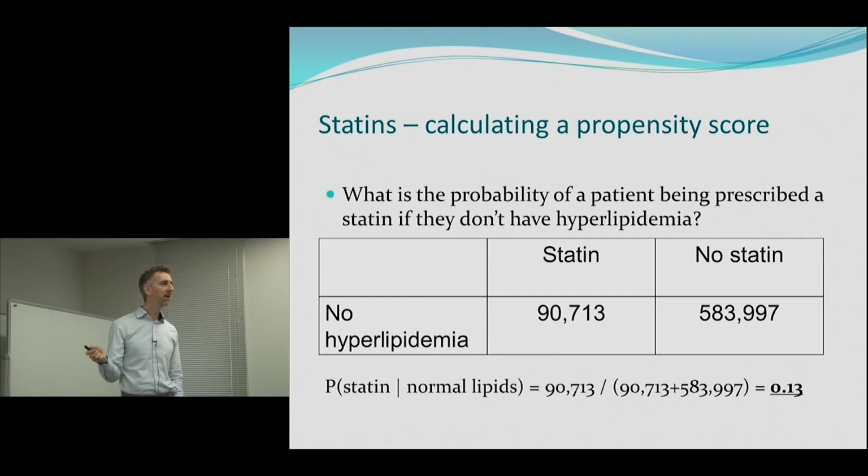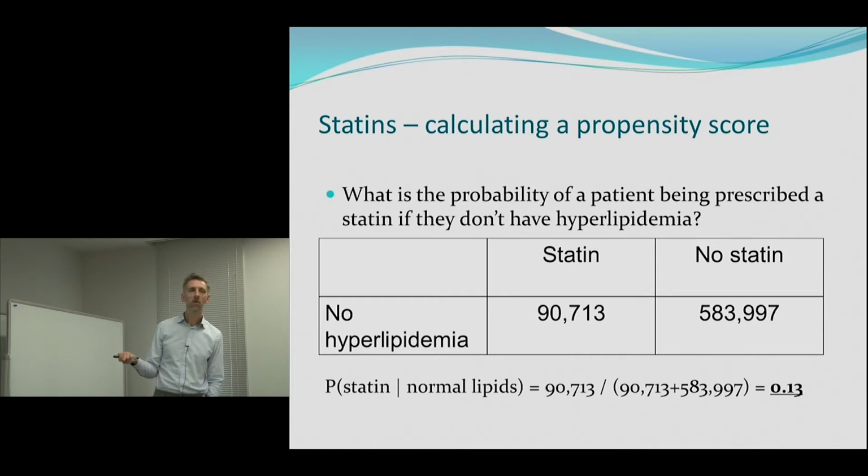We would then calculate at the same time, what's the probability of being prescribed a statin if you don't have high lipids? Because this is everybody else in the data set, yeah? And we would do the same thing. We would calculate the probability of receiving a statin given that you've got normal lipids, and the total number of people who have got normal lipids would be the denominator, and the numerator would be the total number of people with a statin and normal lipids.